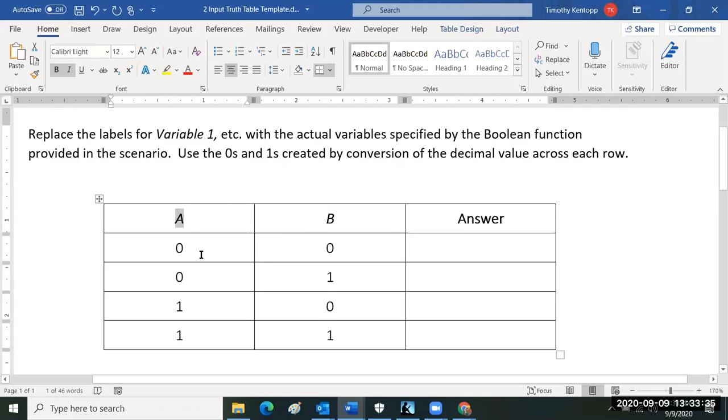But I want you to think of inputs or variables. When we talk about variables, when we're talking about the basics of computer architecture and Boolean functions or operators, right? There's some very clear distinctions.